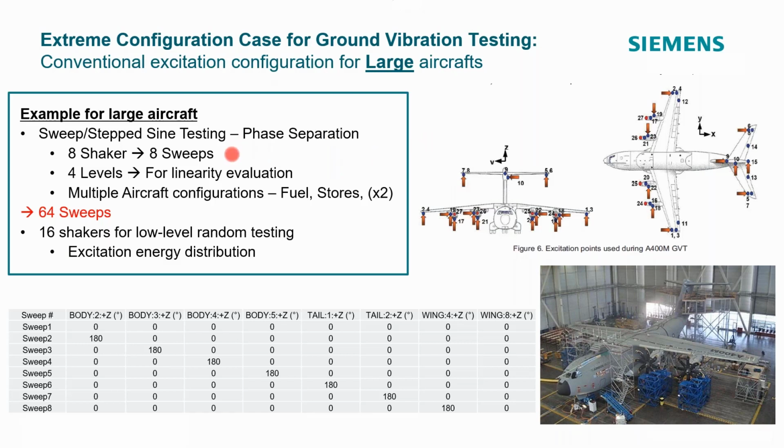In that case, they're using 8 shakers and 8 sweeps, multiple sweeps. You've got a lot of different sweeps, which is very time consuming. It increases the complexity of a test like this quite a lot by adding more exciters. But on the other hand, you get better distribution of energy and better signal to noise ratio from your responses. You can also perhaps achieve some operational levels of response if needed, and that's done for linearity checks.